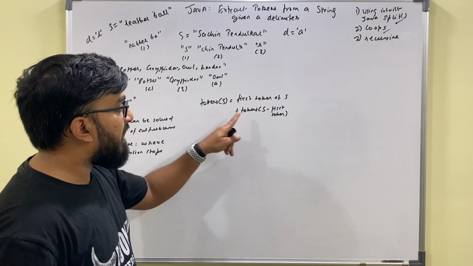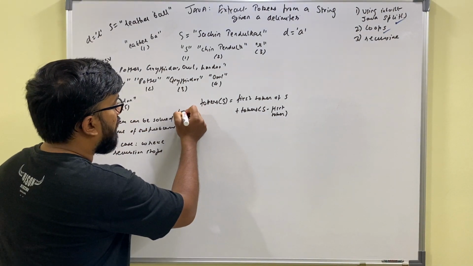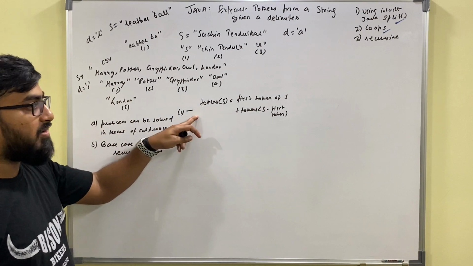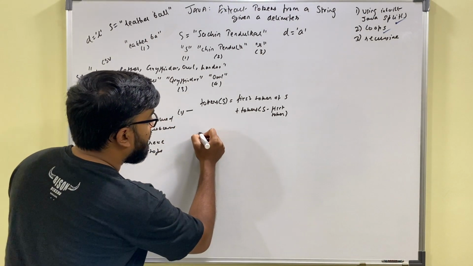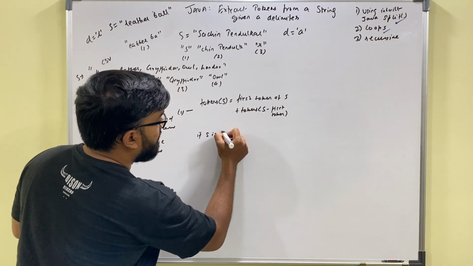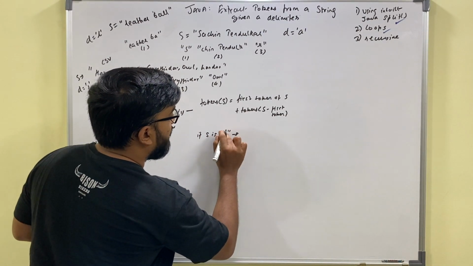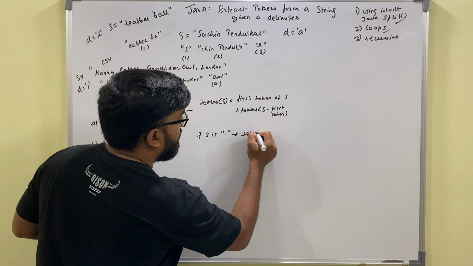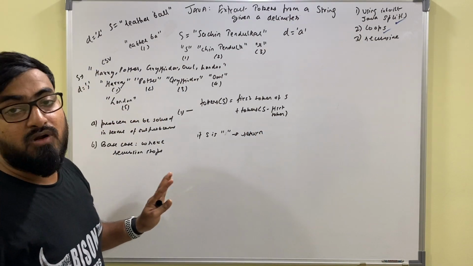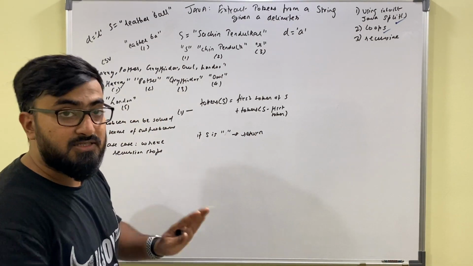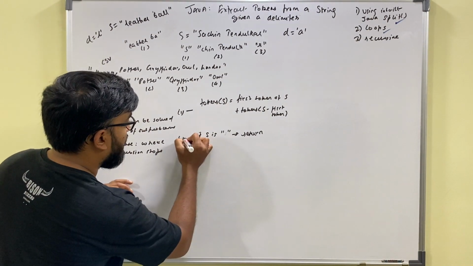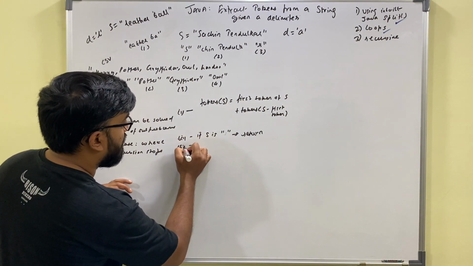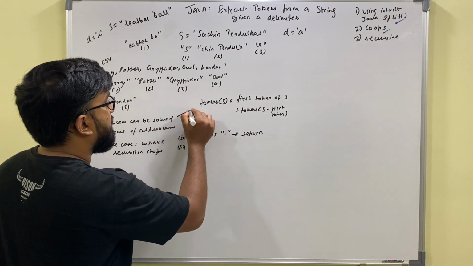This we can say is dividing the problem into sub-problems, which is your part A. Now the second part is where you stop. If s is blank, you return. That is, you cannot do any more token extraction from a blank string. There are no tokens in a blank string. So this is basically B1 and this is B2, and I'll make this A.